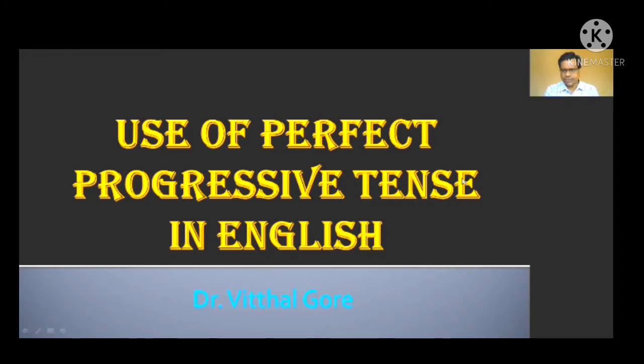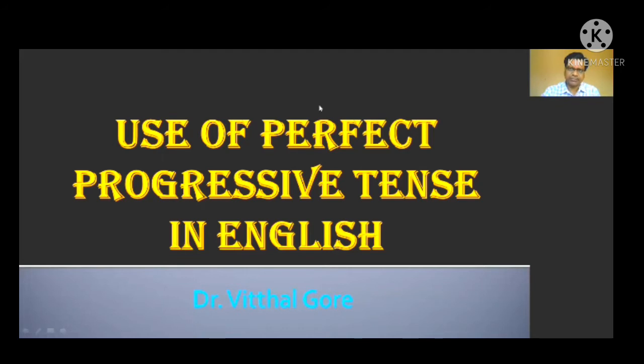Here, you need to understand that the word perfect indicates that the action is completed. The word progressive indicates that the action is continuous, right? This is the combination of perfect progressive, perfect continuous.